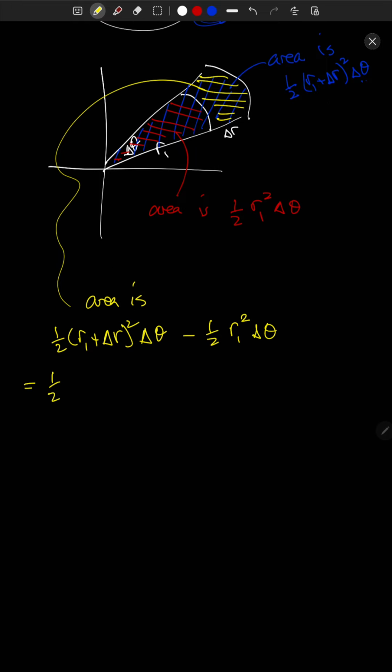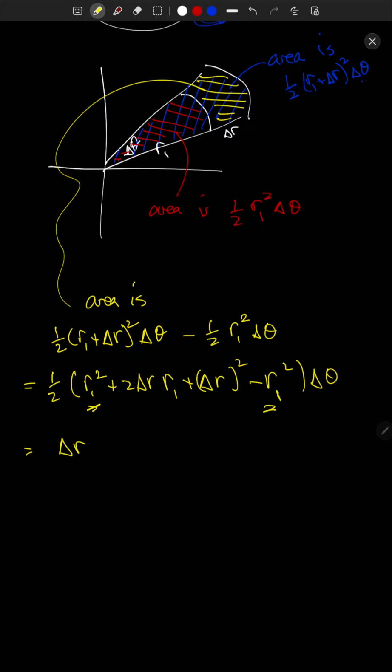They both share a 1/2 delta theta. So this is R1 squared plus 2 delta R times R1 plus delta R squared minus R1 squared, and then delta theta. The R1 squared terms cancel. We end up with delta R times R1 times delta theta, plus 1/2 delta r squared times delta theta.